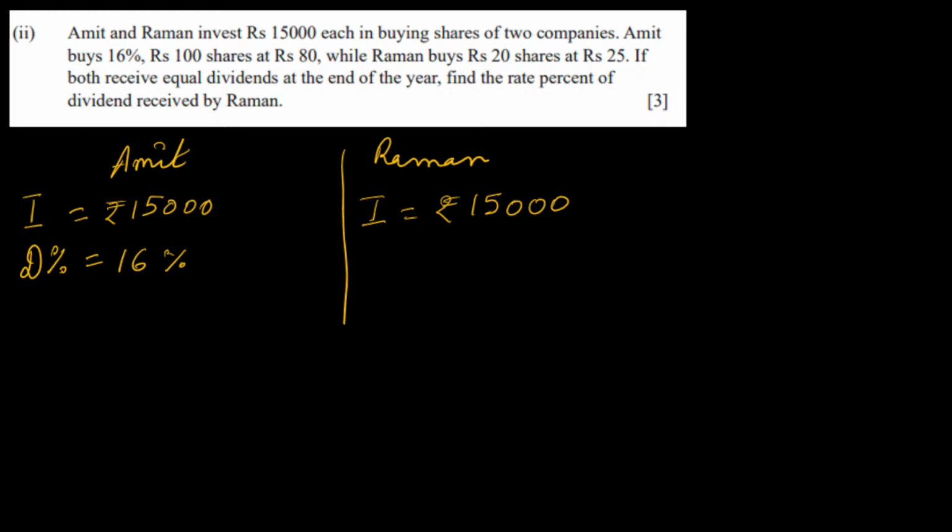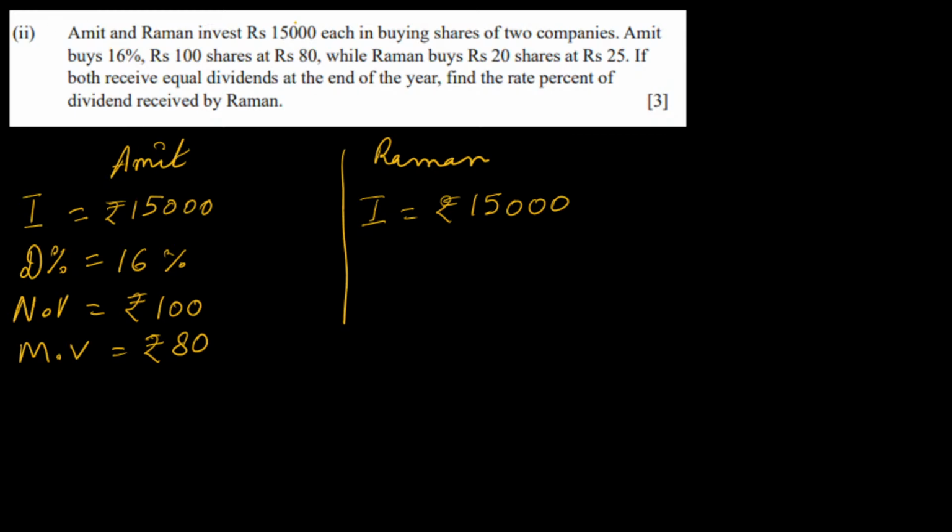So NV is equal to 100 rupees. At 80: rupees 100 shares at 80 means MV, the market value, is given to us as 80. So these are the given things for the first person.